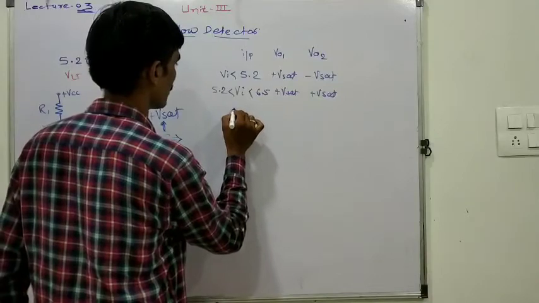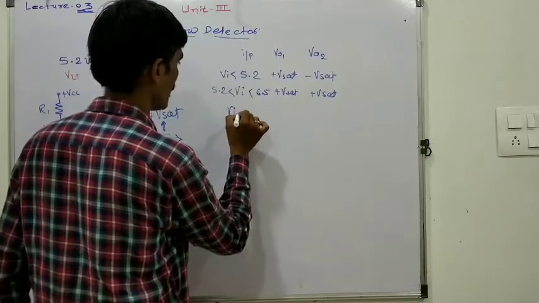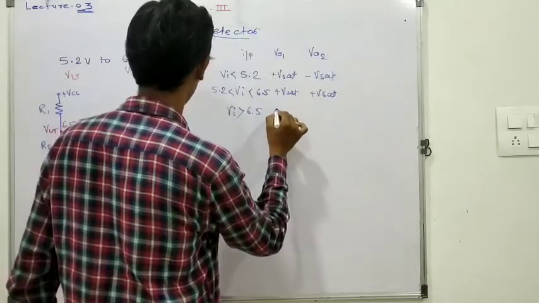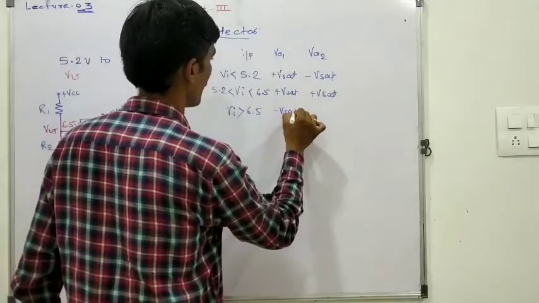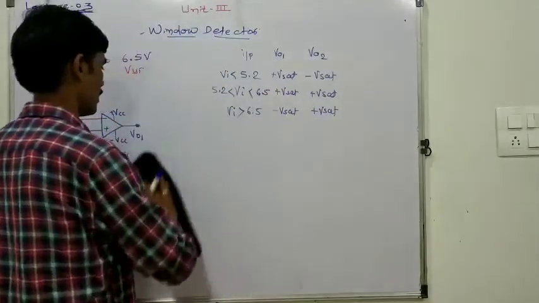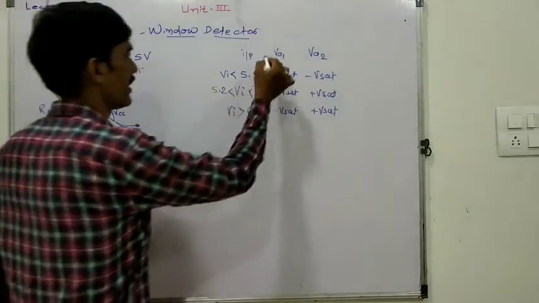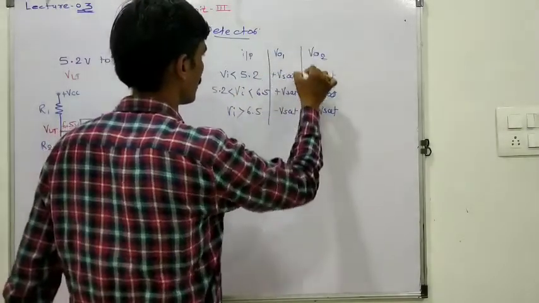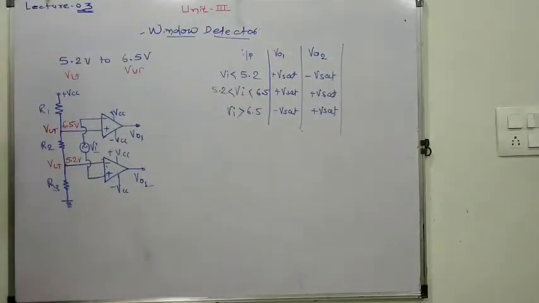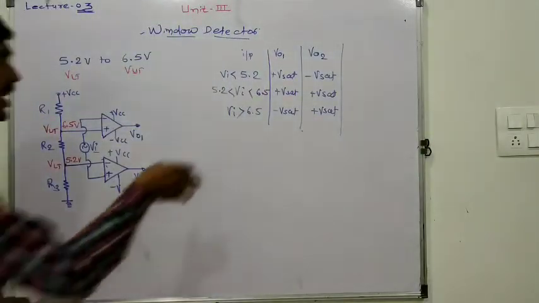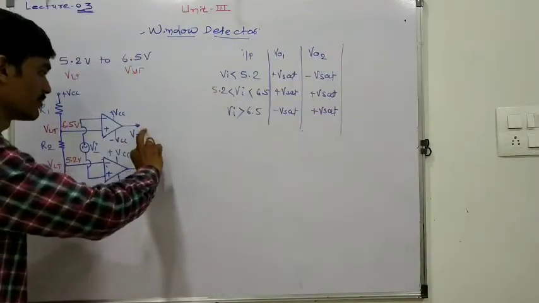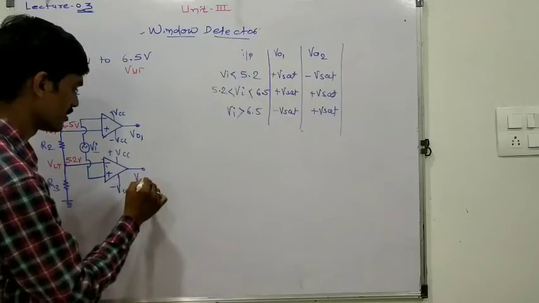If Vi is greater than 6.5, here we are getting minus Vsat and this is plus Vsat. So this is the ultimate table. Now from this table it is clear that we are getting this much of output voltages at this end, that is VO1 and VO2. Is it right?